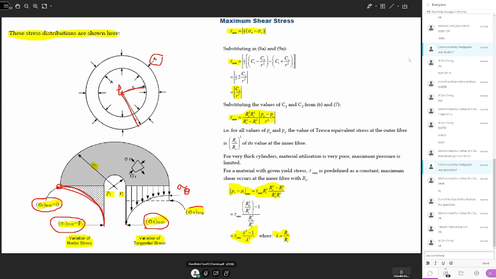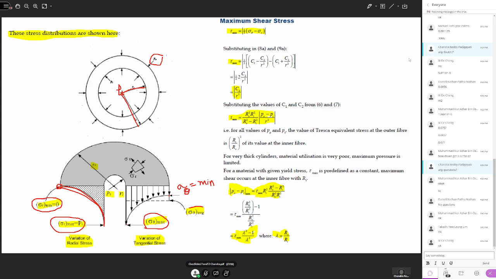The tangential stress will be minimum at the outer radius, but not zero.